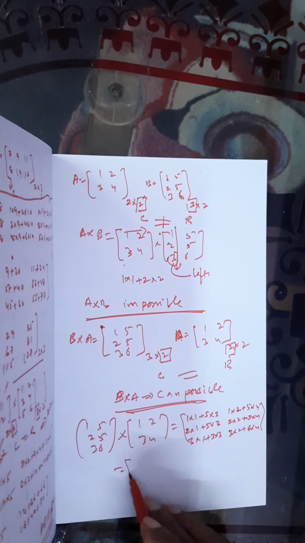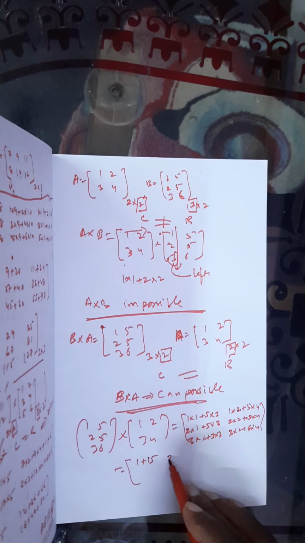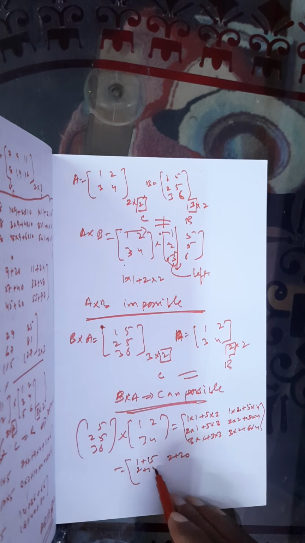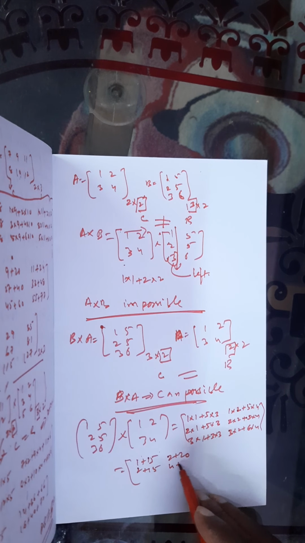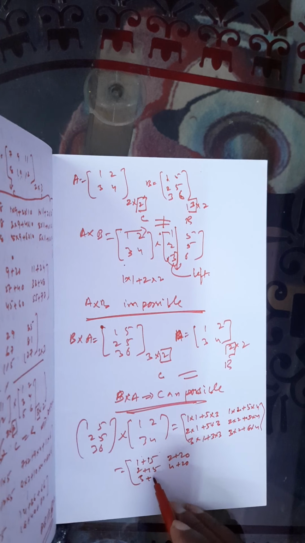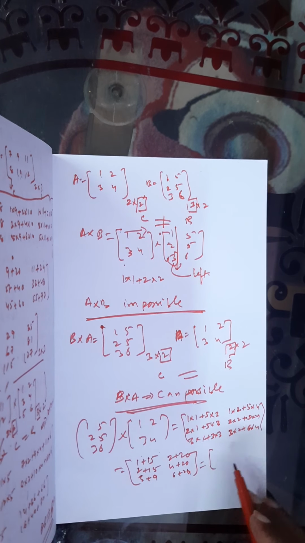Now we can see this. This is 1, this is 5 threes are 15. Here 2 plus 20. The next is 2 plus 15 and 4 plus 20, and here we get 3 plus 9 and here 6 plus 24. So like that we will get the solution.